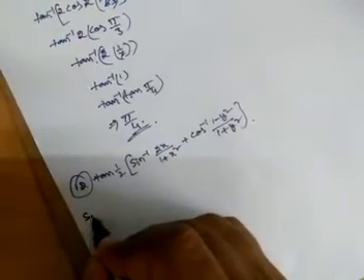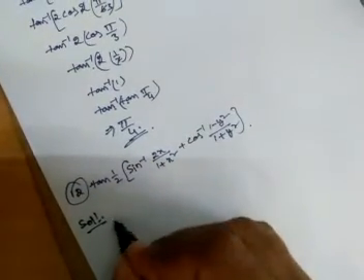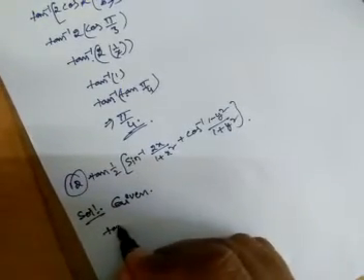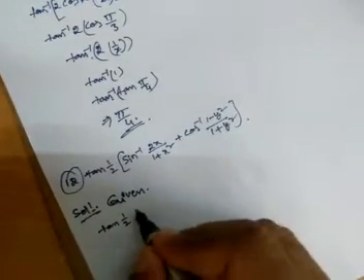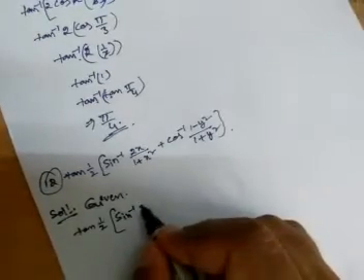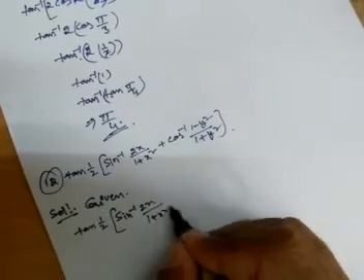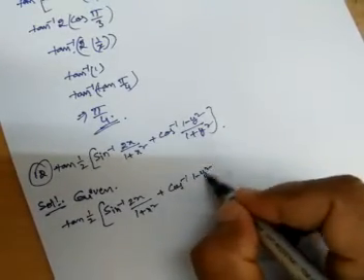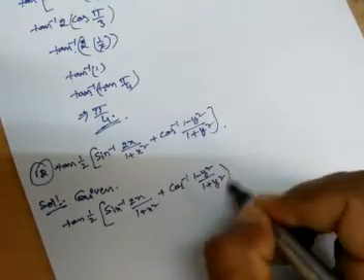Now the solution is, given tan of 1 by 2 into sin inverse of 2x by 1 plus x square plus cos inverse of 1 minus y square by 1 plus y square.